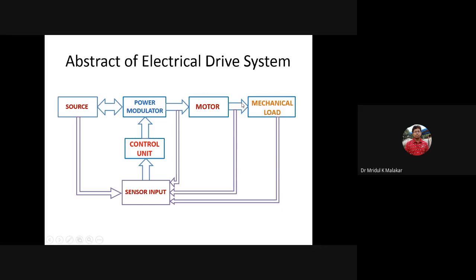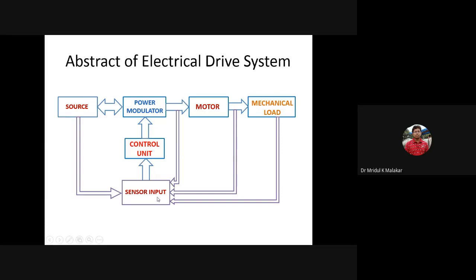Okay, so you will take the sensor input from the mechanical load, motor load, motor shaft, some speed or mechanical load. If you measure the torque directly, with a load cell torque, it is very good. You have all the information. Power modular output, current, voltage, or something you were taking.